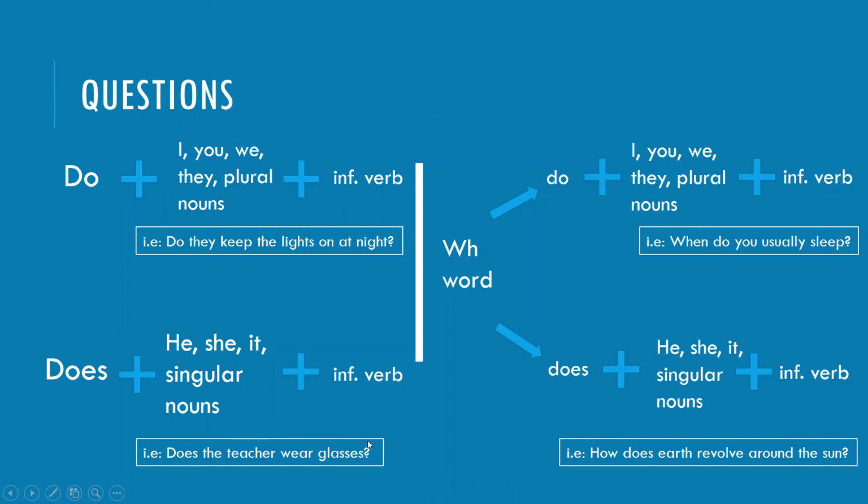Now, with WH word questions, we start with that WH word, followed by do or does according to the subject, and then the infinitive form of the verb. So, for example, if the subject is plural, we use do, as in when do you usually sleep, or does if it's singular, like how does Earth revolve around the sun.